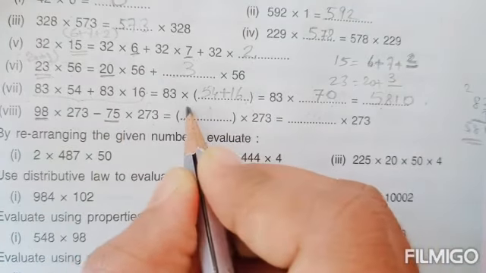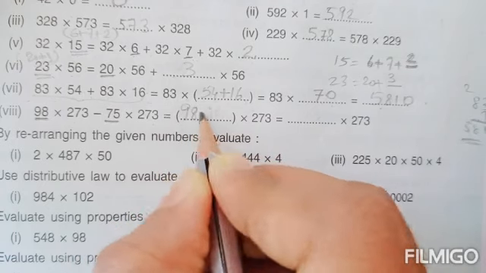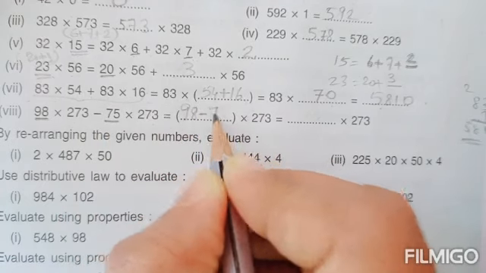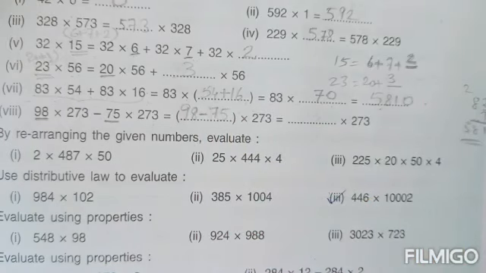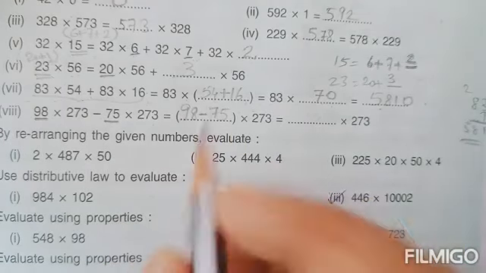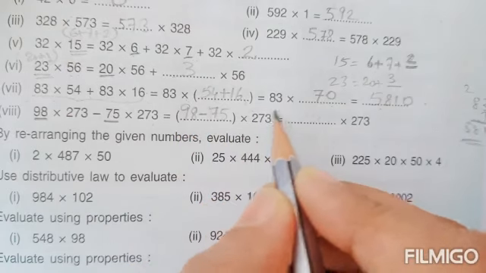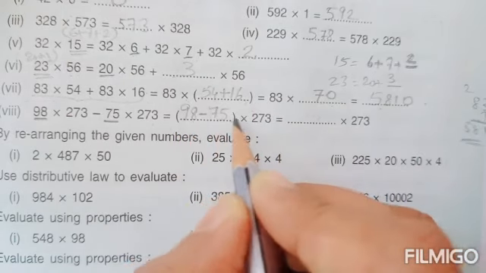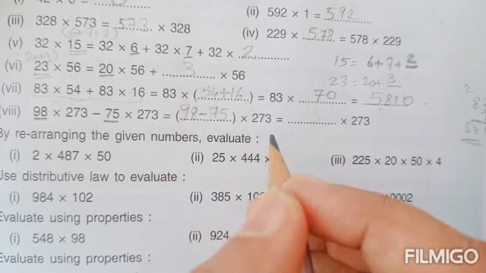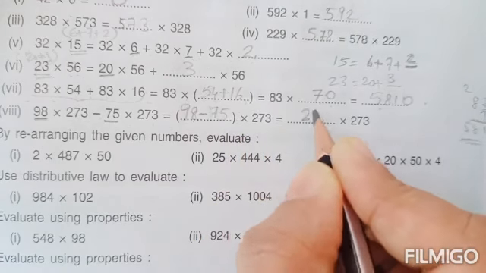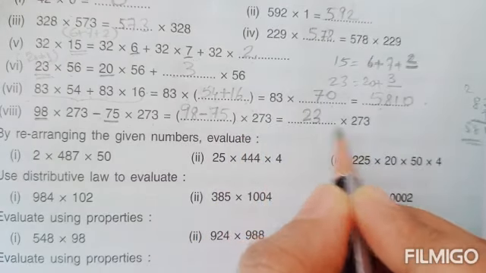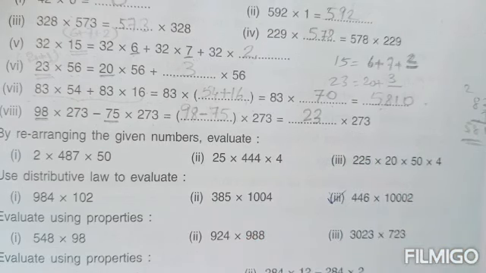So in this bracket what can you write? 98 minus 75, using the distributive property over subtraction. Okay, 98 minus 75 into 273. Now what is 98 minus 75? It is 23. So 23 into 273.